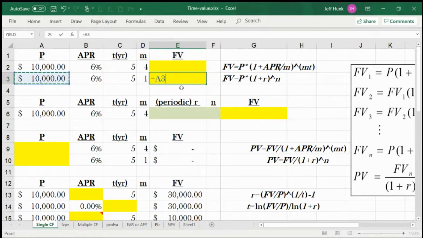Some people are typing in A3. No, don't do that. I didn't type it in. What did I do? I clicked it in using the mouse. Because if I manually type it in, you would see A would appear first, and 3 would appear after that.